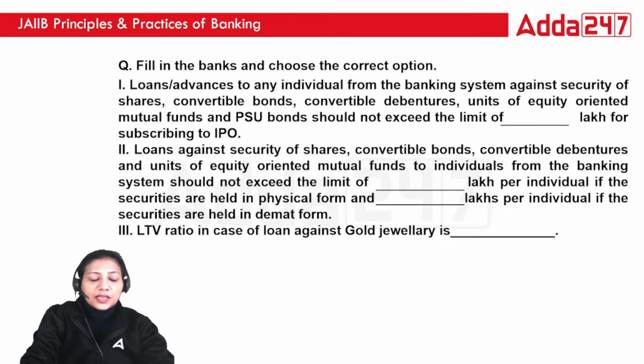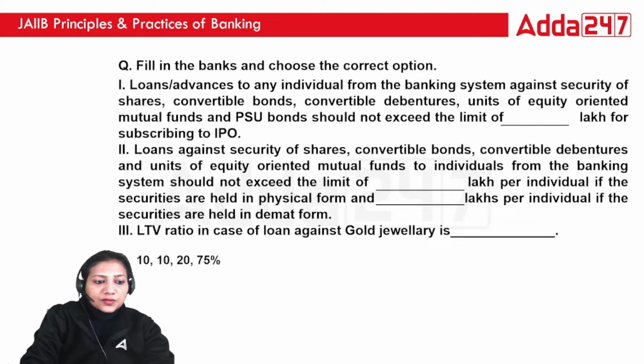LTV ratio in case of loan against gold jewelry is dash. So the options are 10, 10, 20, 75; 20, 10, 20, 100%; 10, 10, 20, 90%; or 20, 20, 10, 80%.